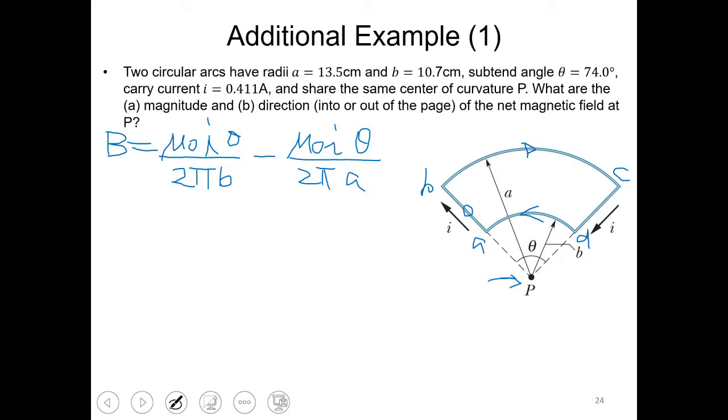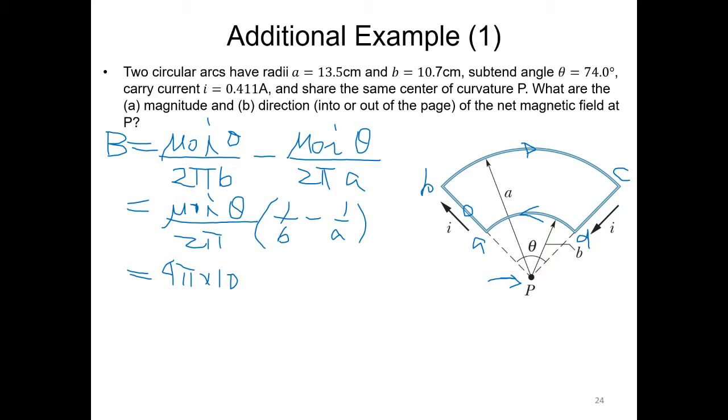So the magnetic field is inversely proportional to the radius. B is smaller, so that term will be larger, and so we write it like this, and we can factor it out: mu0 I theta over 2 pi, times 1 over B minus 1 over A. Then we substitute all the values: 4 pi times 10 to the minus 7, times 0.411, times 74 degrees.